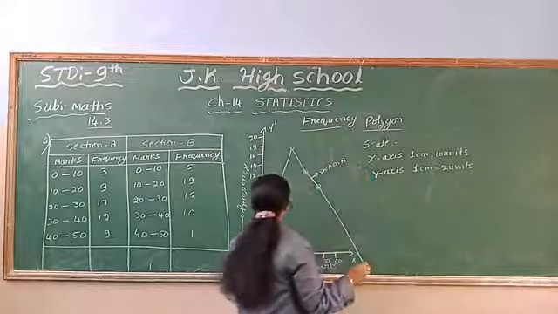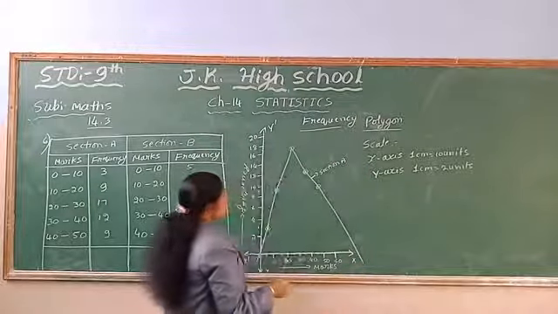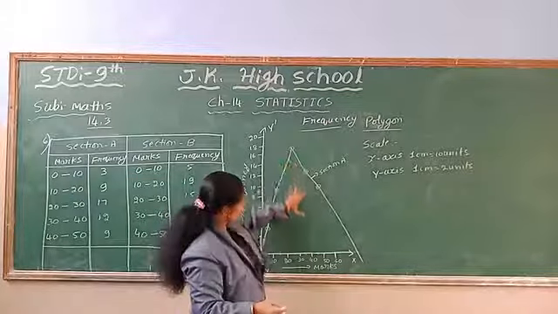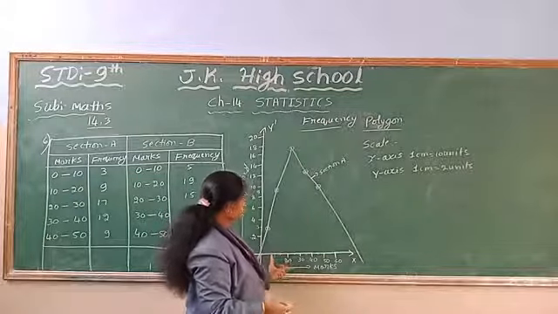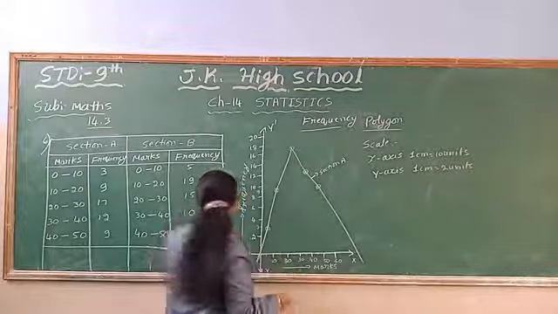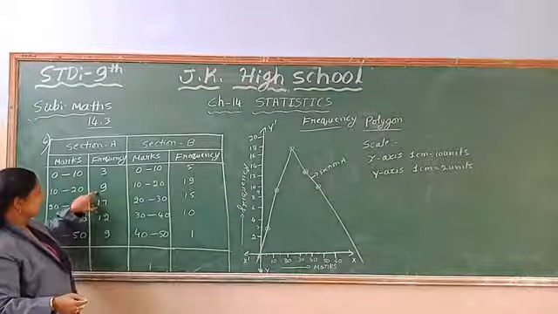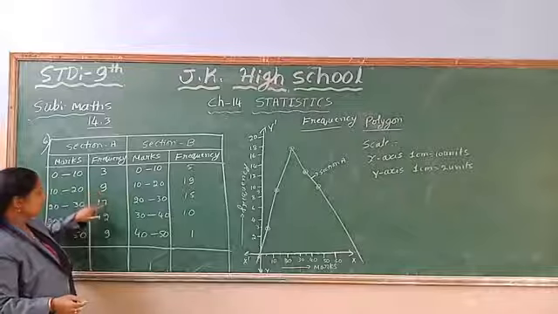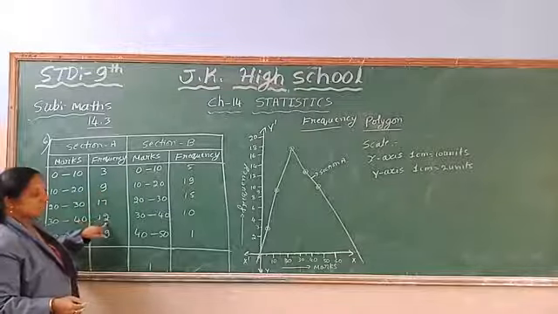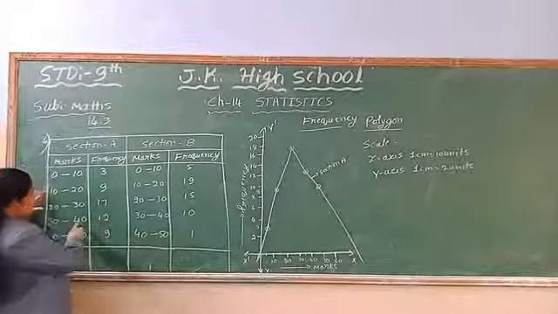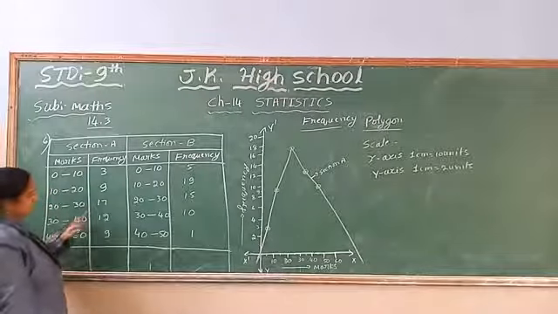Here, the maximum number of students, how many children have taken it? You observe here: 9 plus 17 is 26, 26 plus 12 is 38. 38 children got marks between 10 to 40.